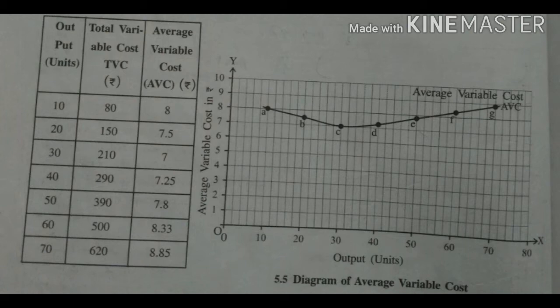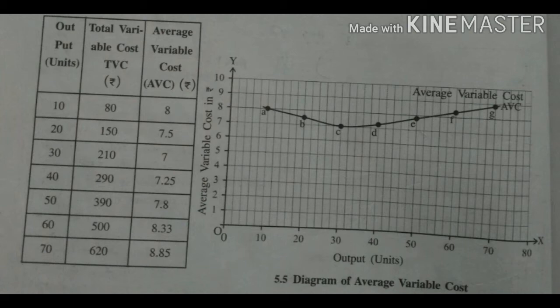The schedule shows output, total variable cost TVC and average variable cost AVC of a firm. The graph shows output on the x-axis and average variable cost on your y-axis. First, the average variable cost moves left to right, upward to downward, that is it has a negative slope curve.